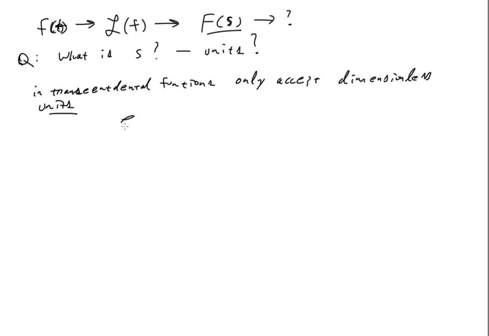So for instance, e to the rt or sine omega t. rt and omega t are dimensionless.